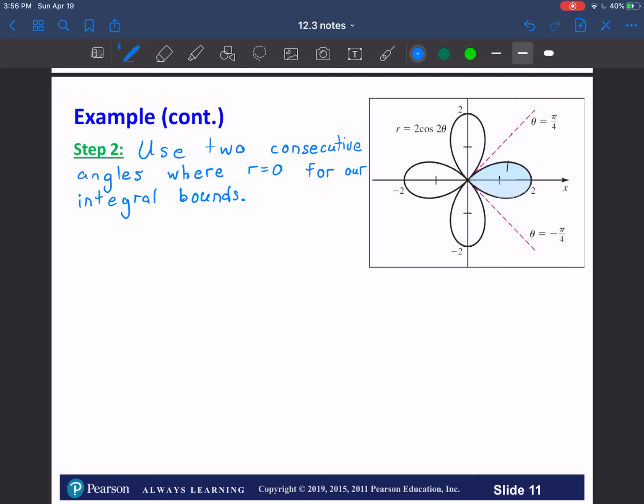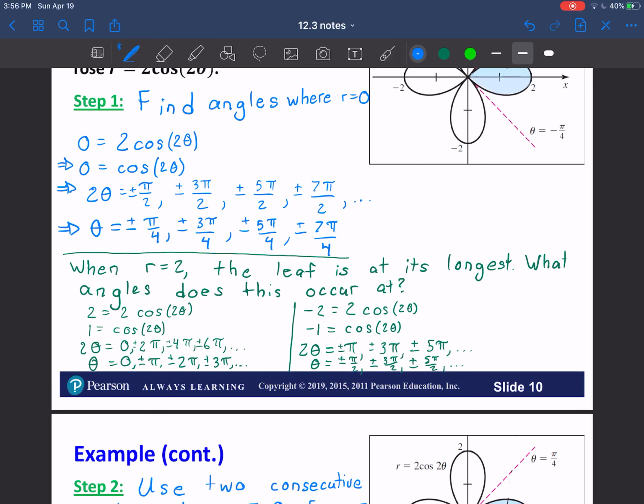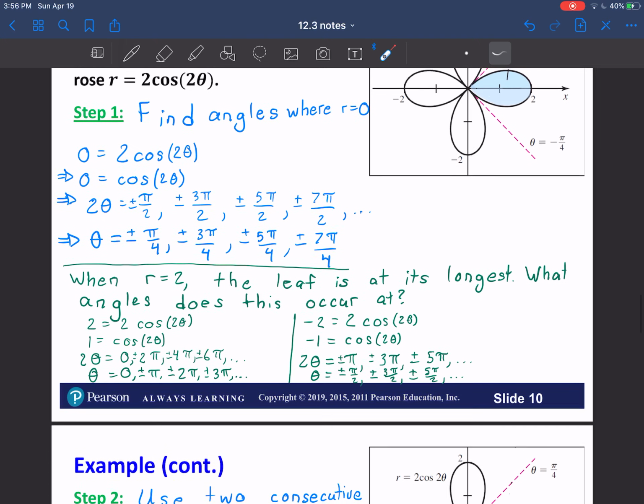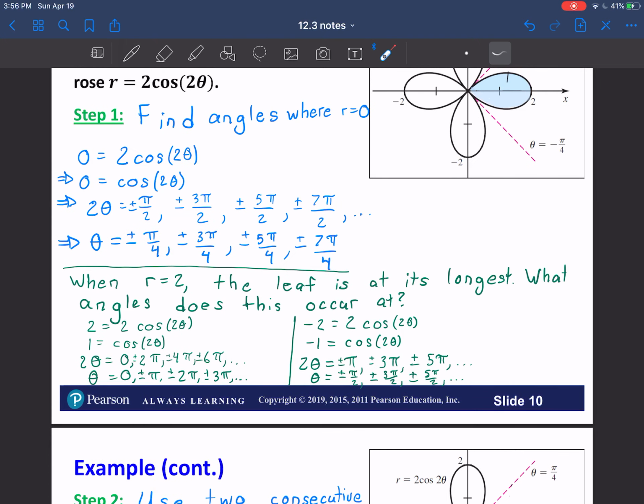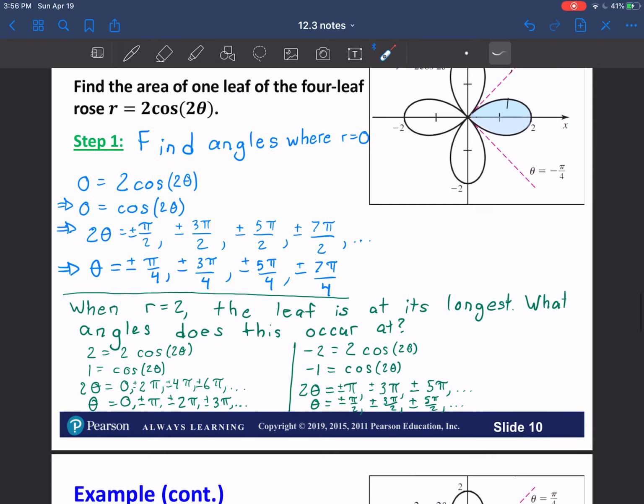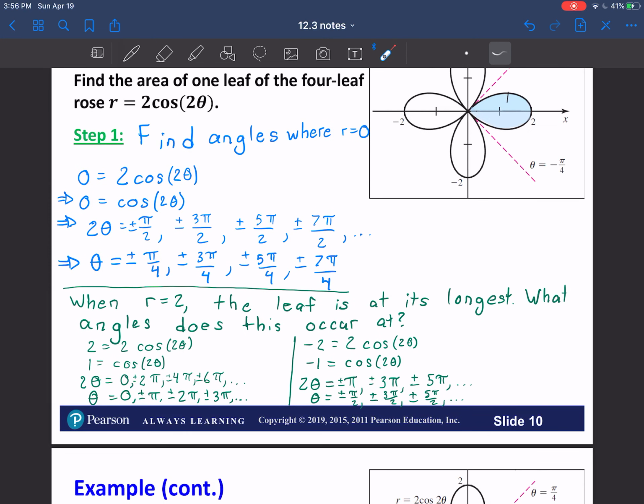Okay, so for example, there are two consecutive bounds for theta that give us one leaf of the petal. The reason we want two consecutive ones is so that we would get one single leaf of this rose.